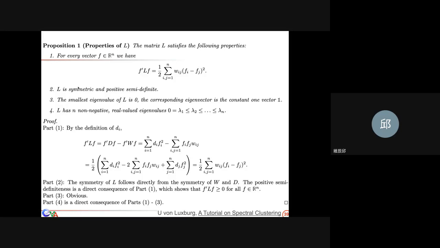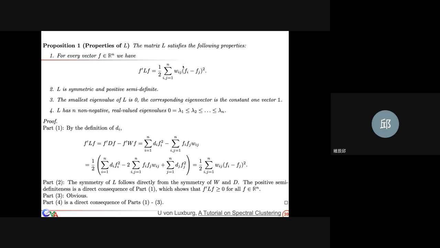And L is symmetric and positive semi-definite, right? It's symmetric because L is defined as the degree matrix minus the similarity matrix, and both the degree matrix and similarity matrix are symmetric. So D minus W, of course, is still symmetric. And it is positive semi-definite because f transpose times L times f can be represented by this term.